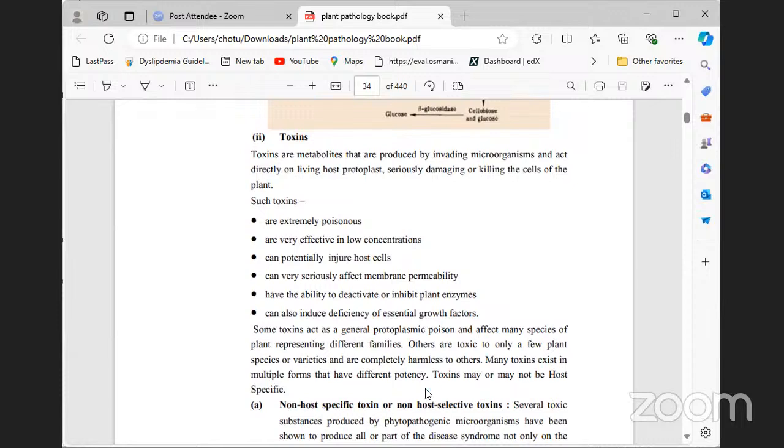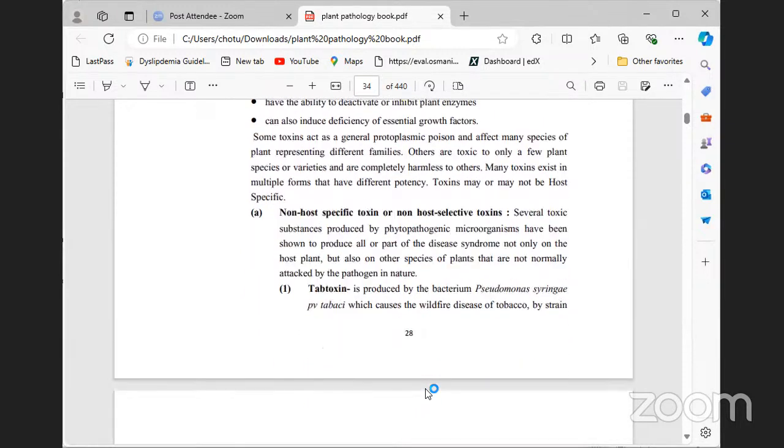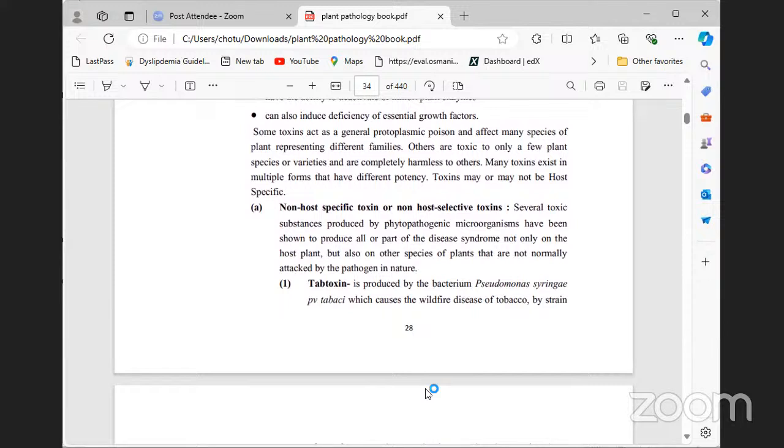Others are toxic to only a few plant species or varieties and are commonly completely harmless to others. Many toxins exist in multiple forms that have different potency. Toxins may or may not be host specific. In this one, there are different types.